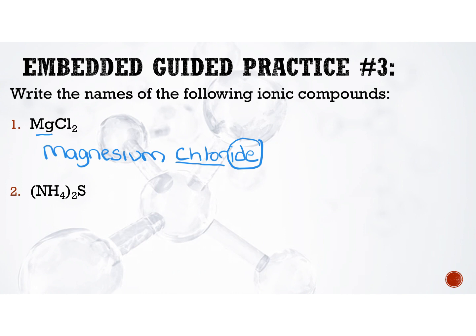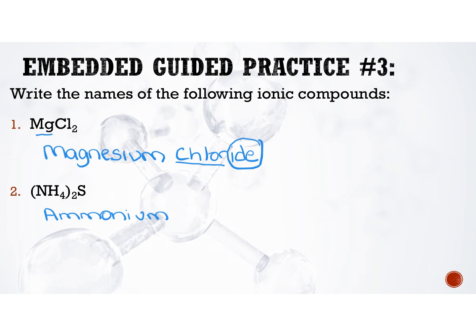But all we have to do when we're naming these is look at the back of our periodic table. So we look for NH4, and we see that NH4 listed on the back of our periodic table is ammonium. So we write out the word ammonium. And that is our first name.